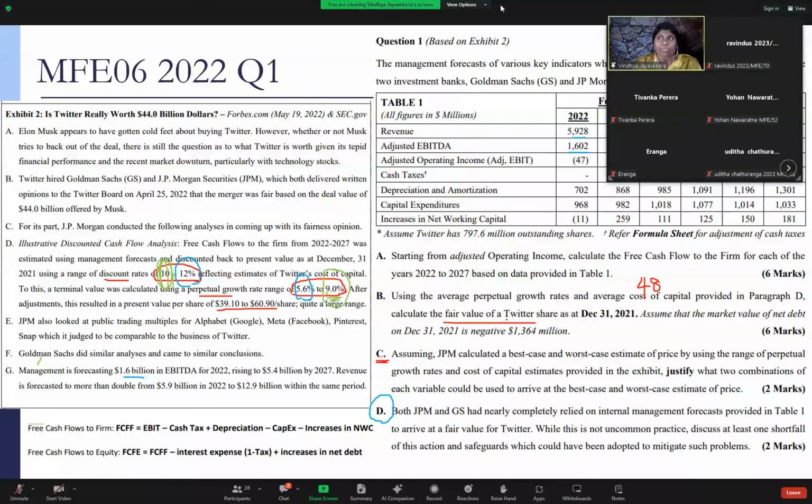When management wants to come out, even for an IPO, the numbers they give out, they will want the best value for their company, right? So who's to say that the numbers they give out are accurate? It's up to the investment bank to verify to the extent that these are reasonable.